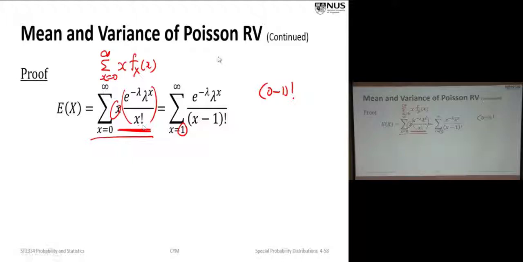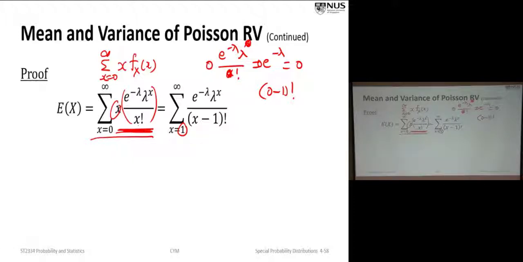This one is okay with x equal to 0. It's just e to the power minus lambda, lambda to the power 0 over 0 factorial, which is, if I replace x equal to 0, just e to the power minus lambda, because 0 factorial is 1. But once I multiply by 0, this term is 0. So in other words, x equal to 0 for this term is 0. So we should start at x equal to 1.